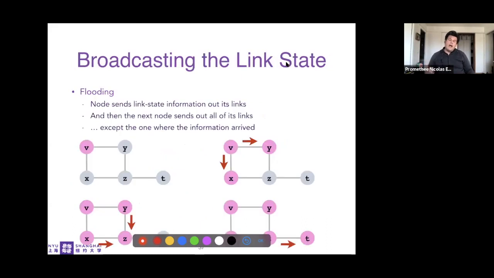The other thing that we have, once we know the state of the link thanks to the hello messages, is the link state packets. And those link state packets need to be flooded. And we know that with flooding, whenever you broadcast something in the network, you have multiple issues. The first issue is that you may have problems with loops.